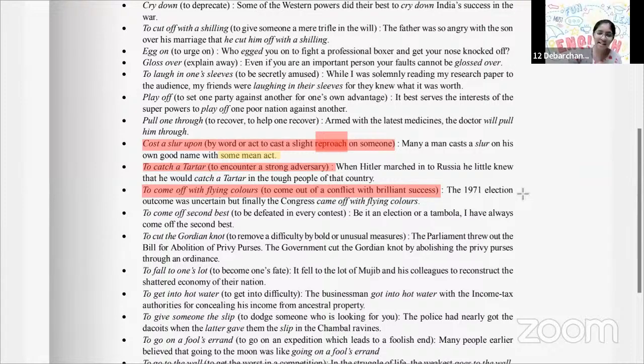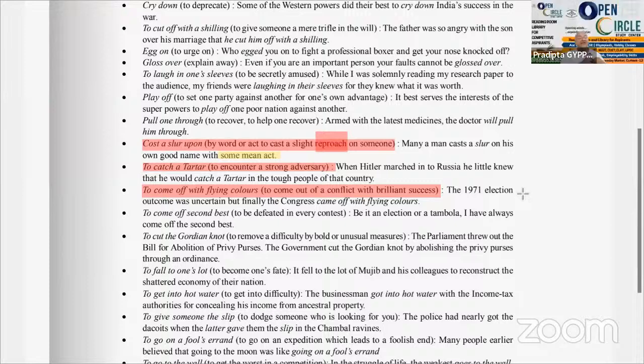Sir, this sentence means when Hitler marches into Russia, he knows that he will... No, he little knew. He little knew means he did not know. He did not know whom he was going to clash with. So he was just going to face a very strong opponent, an adversary. Adversary means enemy. He didn't know who he was going to clash with.